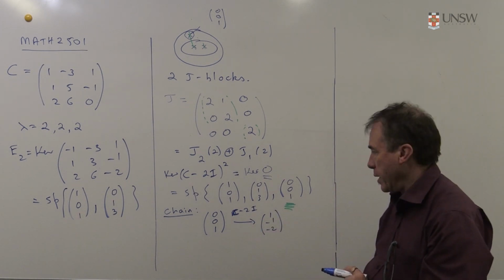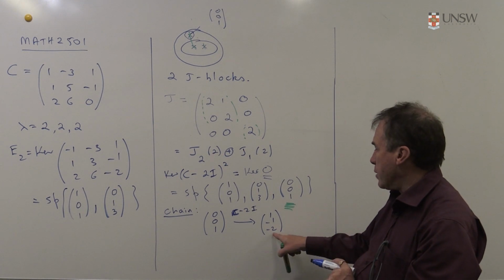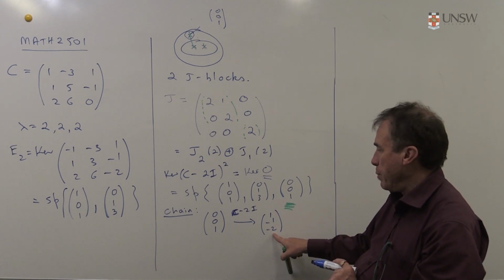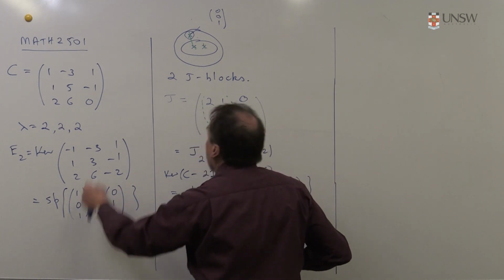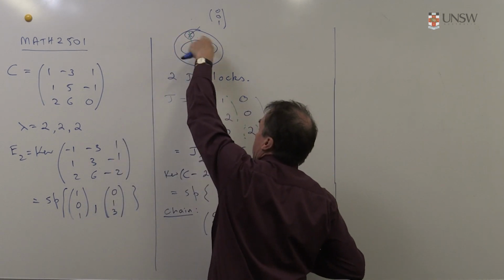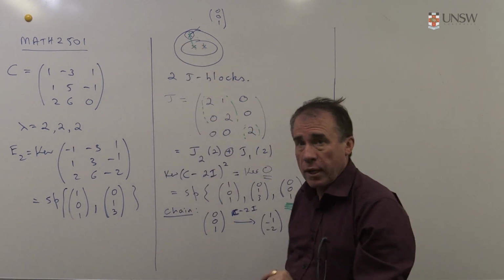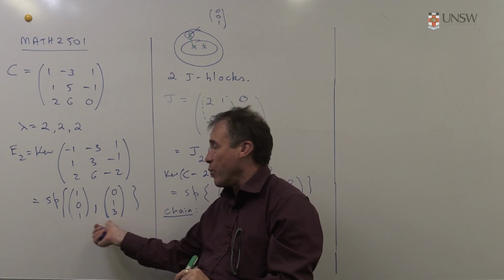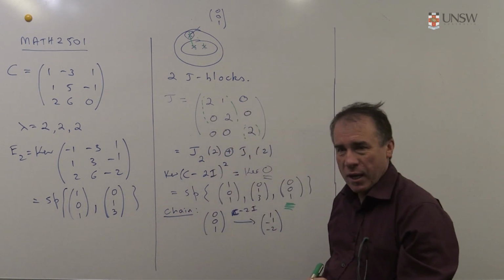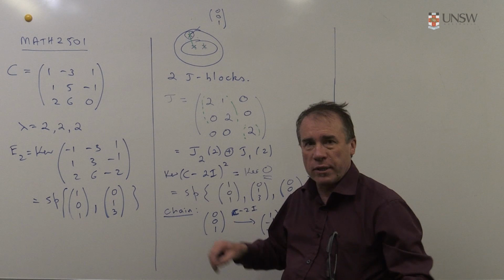So I build that chain. Now, by the way, this vector has to be in the span of these two. I've now changed my way back in, so I'm somewhere in this kernel, and that's got to be a linear combination of those two. And it's pretty obvious if you take that one minus that one, it does the trick. Just a little double check to make sure everything makes sense.